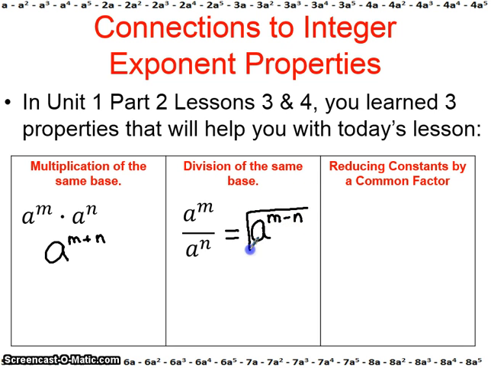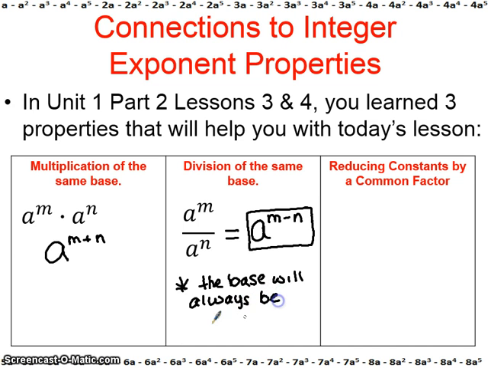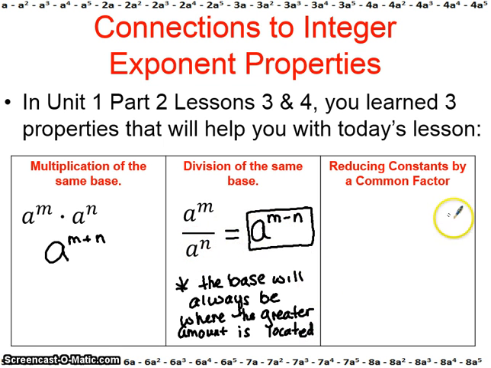Now, remember, there is a trick to this property, and that is the base will always be where the greater amount is located. For example, if the greater amount is in the numerator, then this expression will be in the numerator. If the greater amount is in the denominator, then this will end up in the denominator.